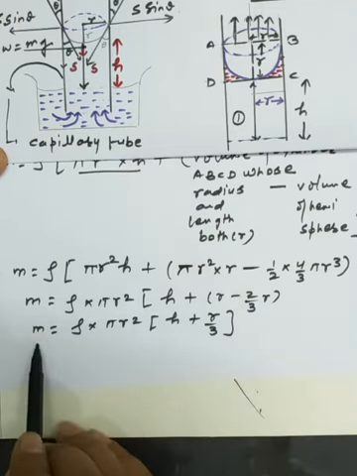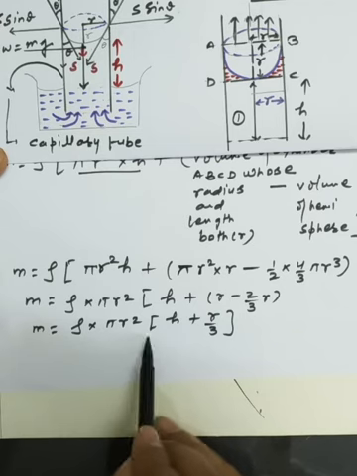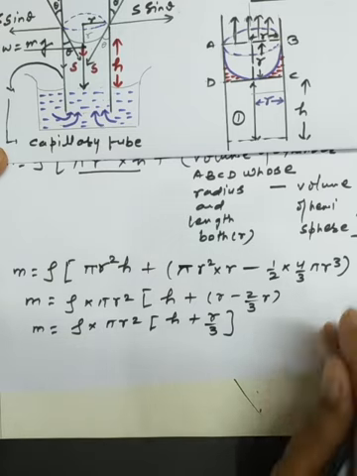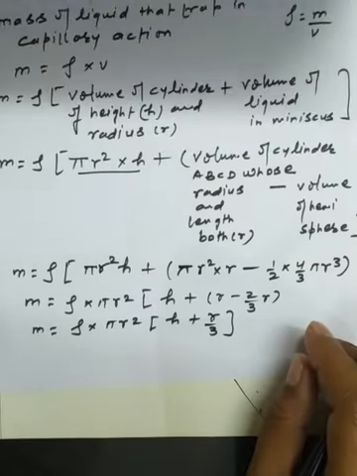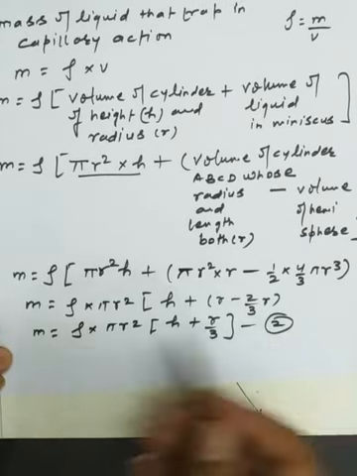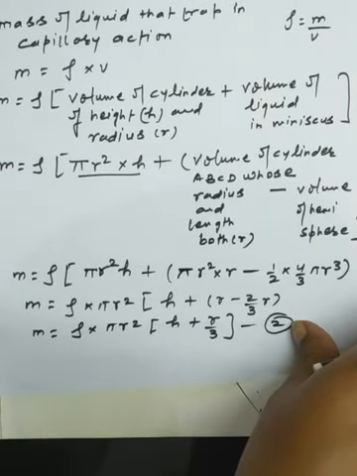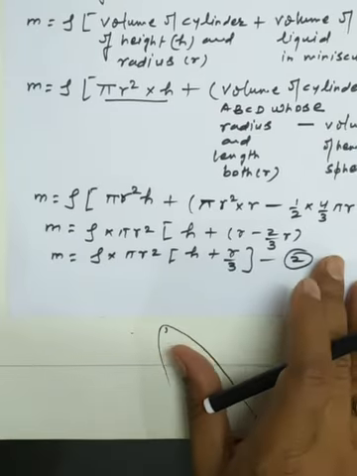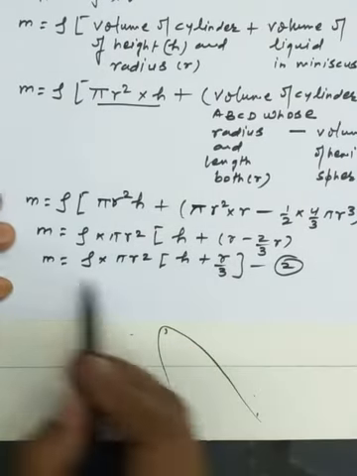So m is equal to rho into pi r square times h plus r by 3. This is the general equation, equation number 2. You have done a lot of geometry in 10th class mathematics, so you can put it.